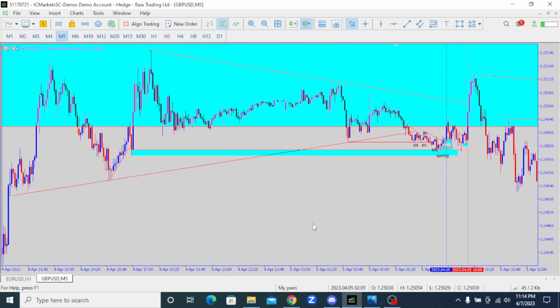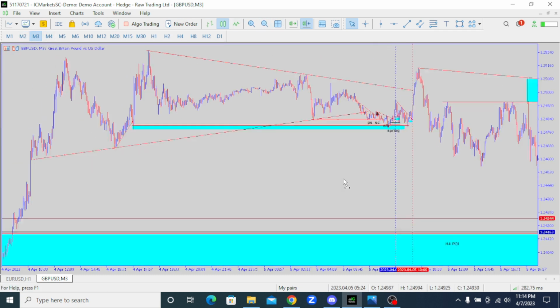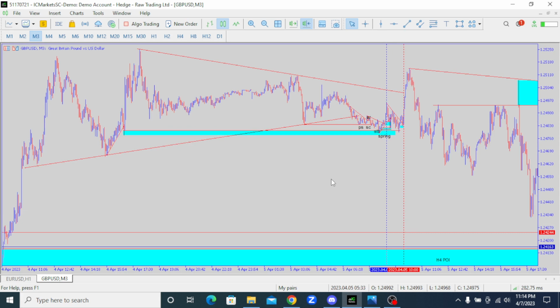My trade was based on this structure, this bullish order flow. When I opened the charts, it was during Asian session.